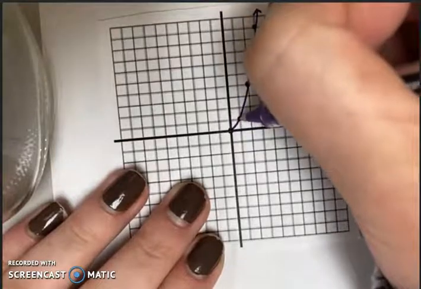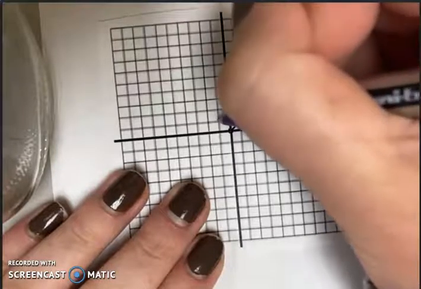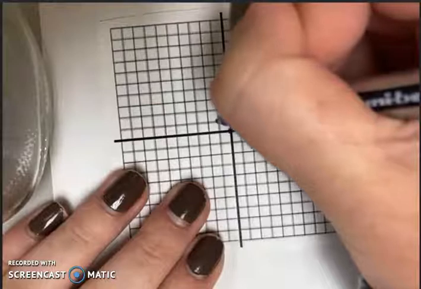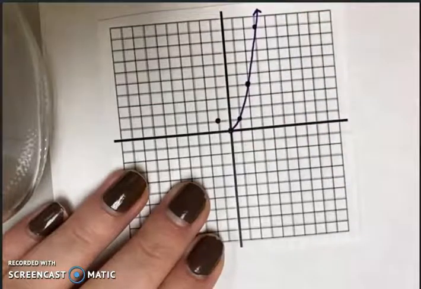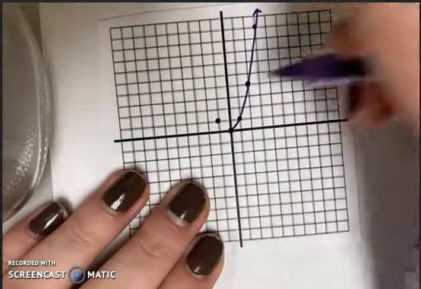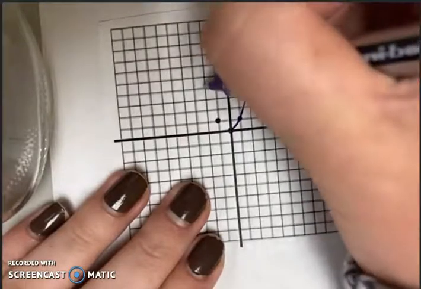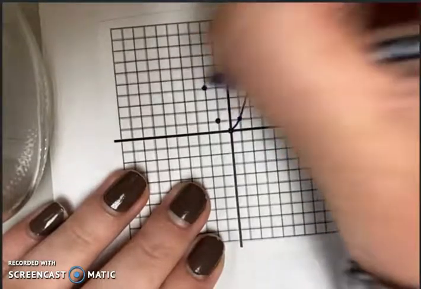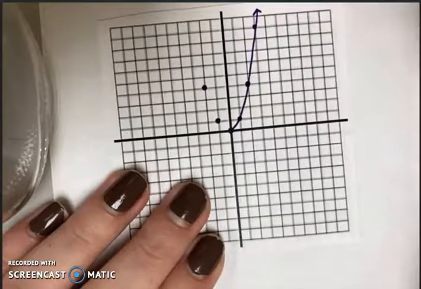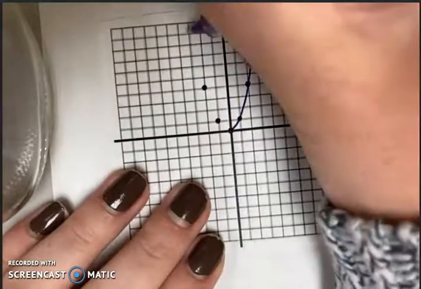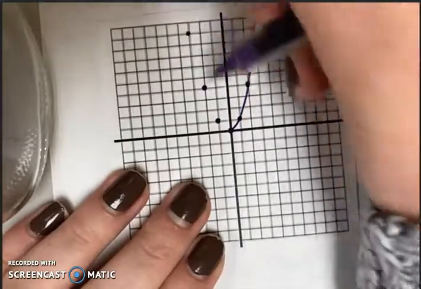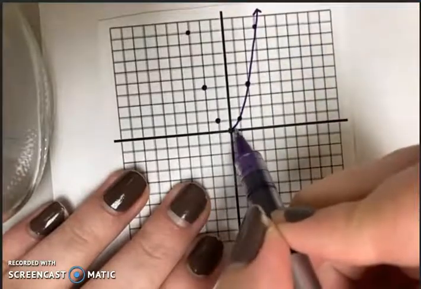The point 1, 1 would become negative 1, 1 on the left-hand side. The point 2, 4 would become negative 2, 4 on the left-hand side. The point 3, 9 would become negative 3, 9. See how these points are equidistant.